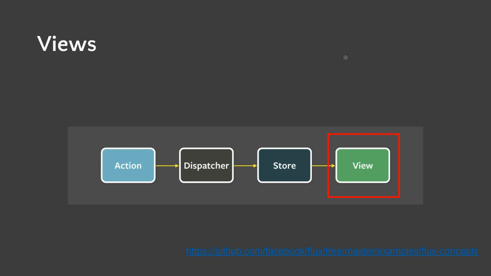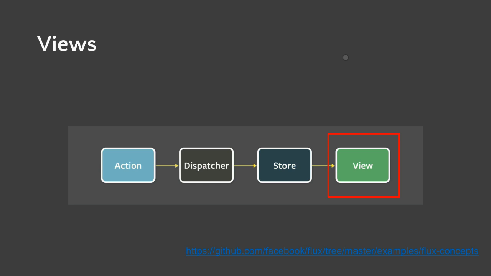They listen for changes from the store and re-render themselves appropriately. So when a change occurs in the store, the views are notified and re-render themselves appropriately. And views add new actions to the dispatcher on user interaction.